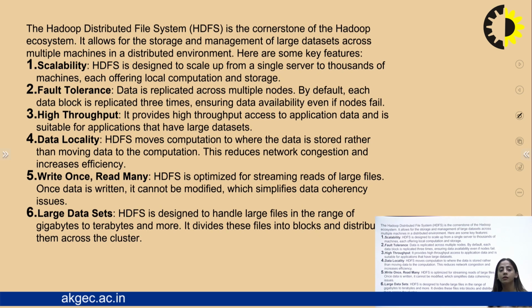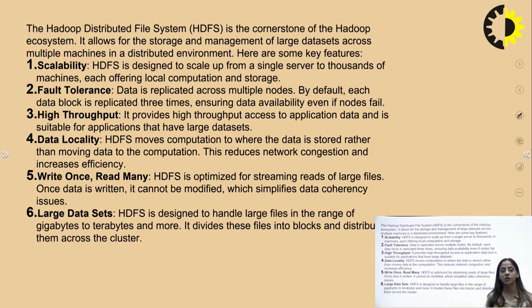Now, by scalability, we mean that HDFS is designed to scale up from a single server to thousands of machines, each offering local computation and storage. Fault tolerance: data is replicated across multiple nodes. By default, each data block is replicated 3 times, ensuring data availability even if nodes fail.